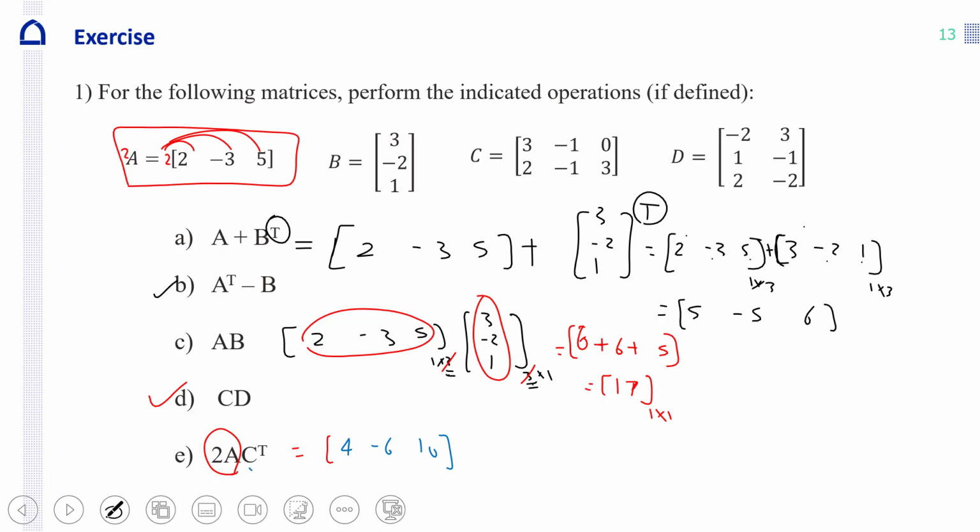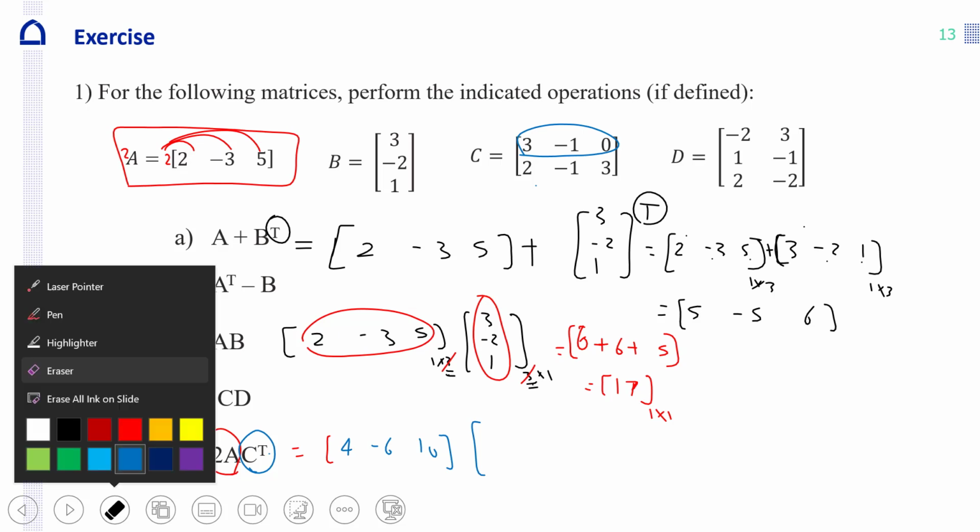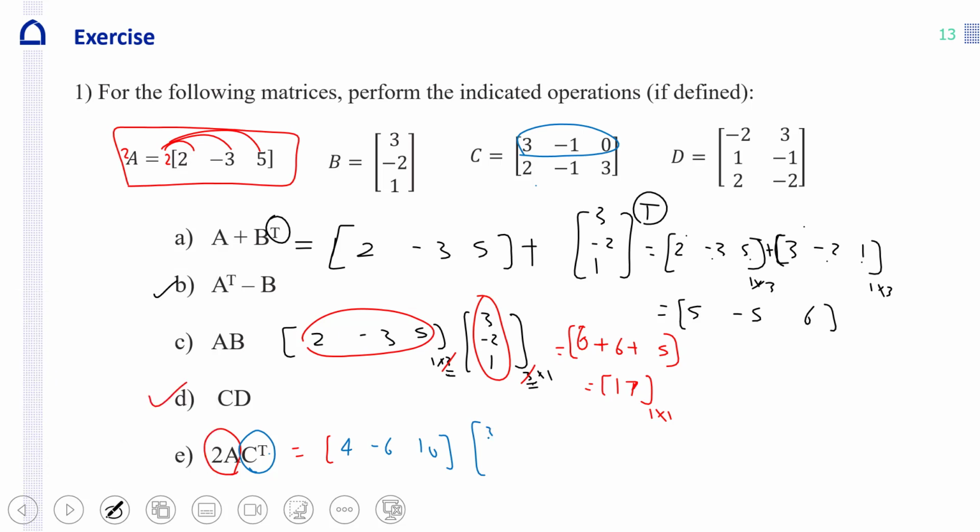Next, I would like to find C transpose. What is C? Here it is. To find the transpose, it means I make the first row as my first column. And my second row as my second column.